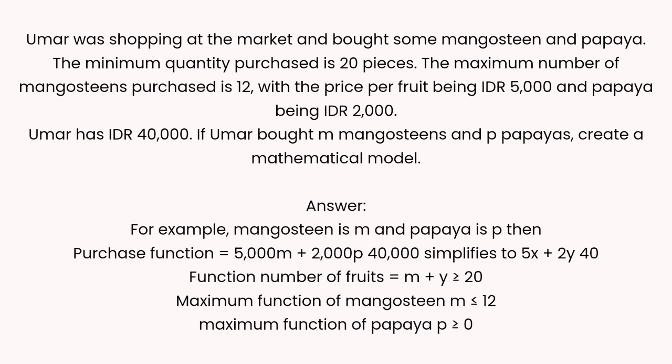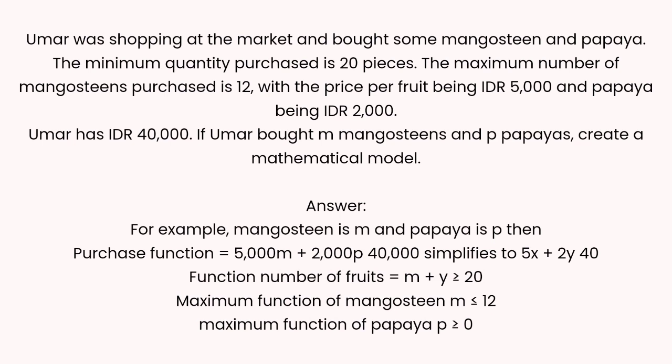The maximum number of mangosteens purchased is 12, with the price per fruit being 5,000 rupiahs and papaya being 2,000 rupiahs. So Umar has 40,000 rupiahs. If Umar bought mangosteen and papayas, the question is create a mathematical model.